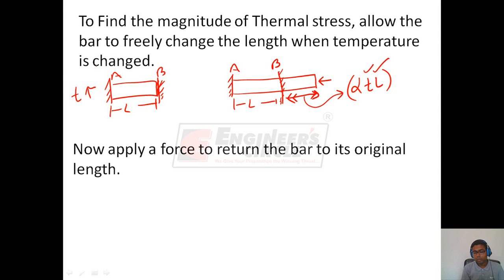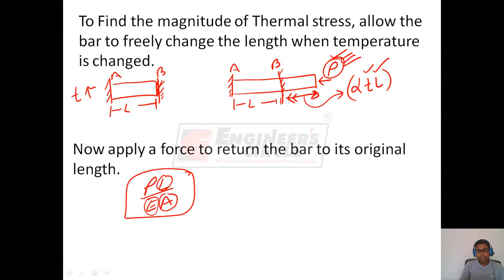That is, apply a force P on this bar so that it returns back to point B, because it cannot go beyond point B. When an axial load P is applied on this bar, it will cause a contraction, and the length of this bar will change by amount PL by EA, because this bar AB is of length L, uniform area A and material E, and the load is P. This contraction produced by the load P must be equal to alpha TL, so that the bar AB is maintaining the length L.